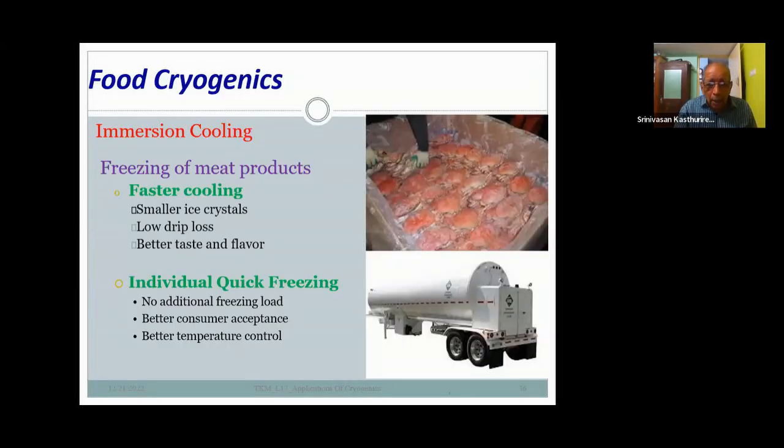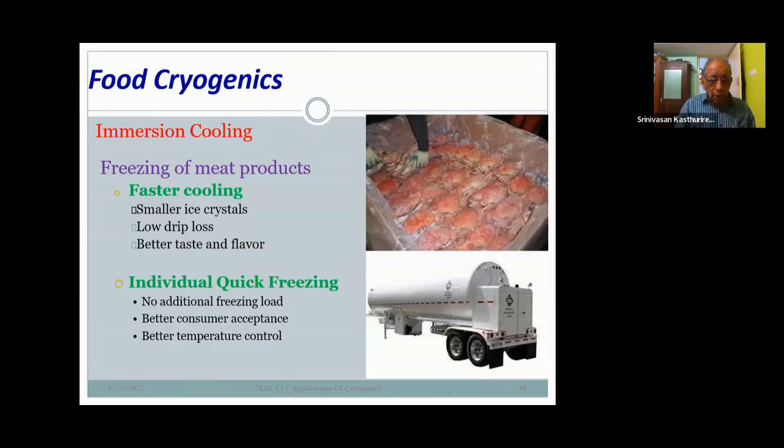Now you can see here huge trucks having liquid nitrogen, and then there may be arrangements for cooling all the objects. But one thing is, whenever you want to cool meat products using cryogenic cooling, you should ensure that you have a faster cooling so that only small ice crystals are formed.